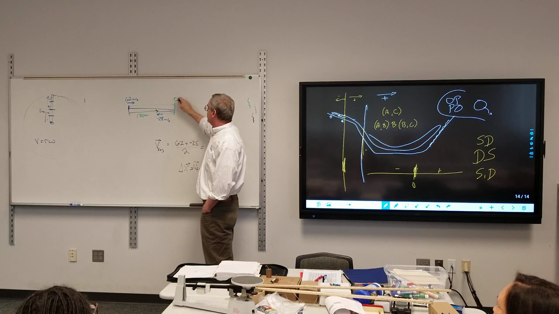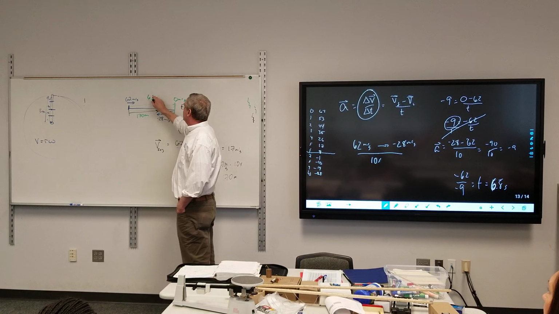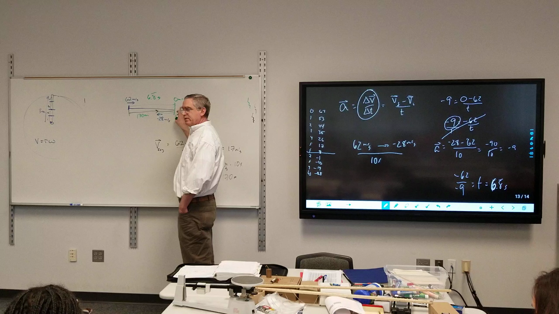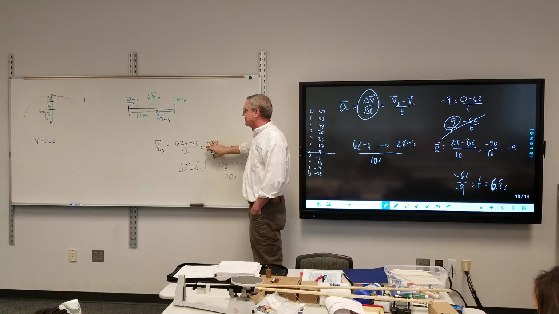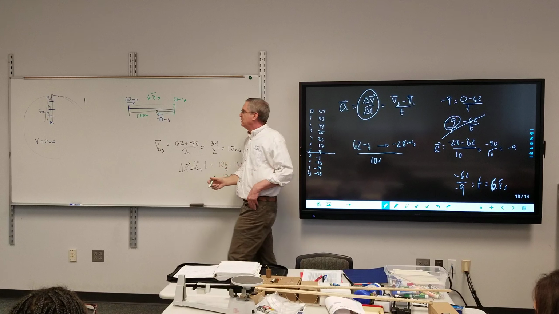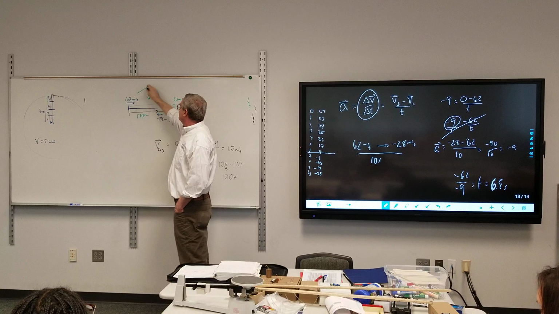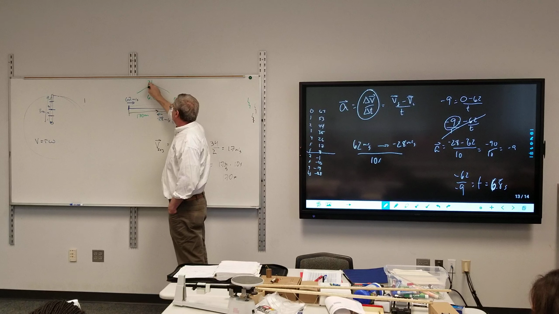That's why I'm using the same numbers, so there we go, 6.8 repeating seconds to stop. To figure out how far, I'm going to do the same process, except I'm not looking at the entire journey, just part of it. Well, my average velocity, I averaged those two numbers, 31 meters per second.